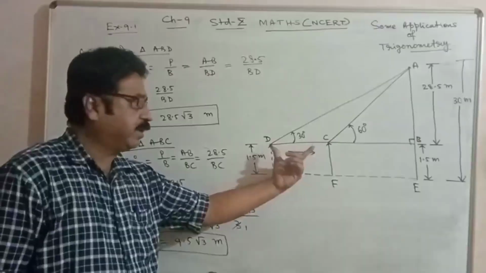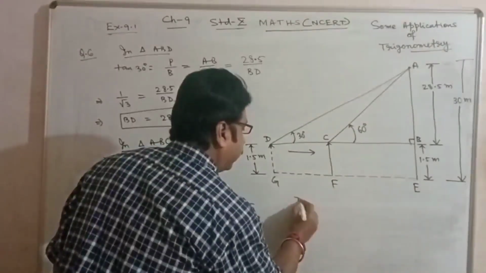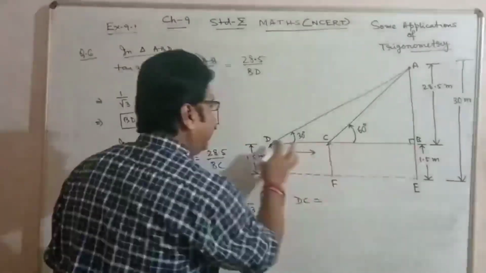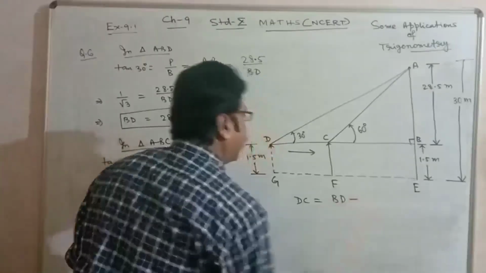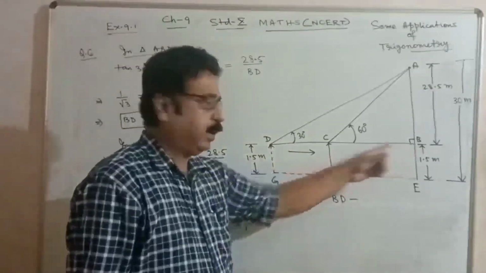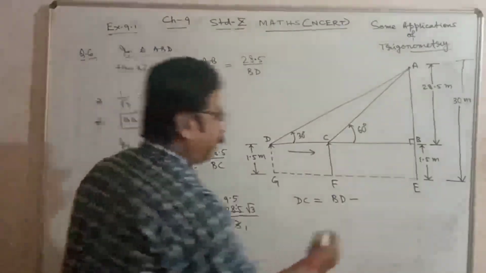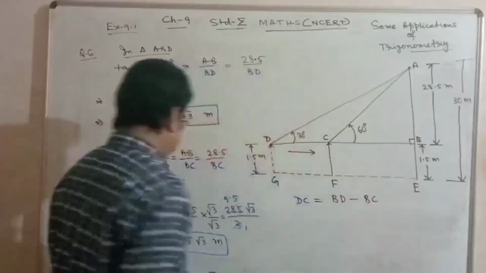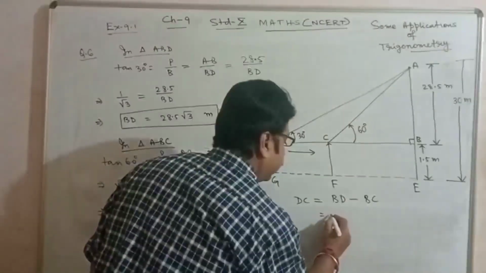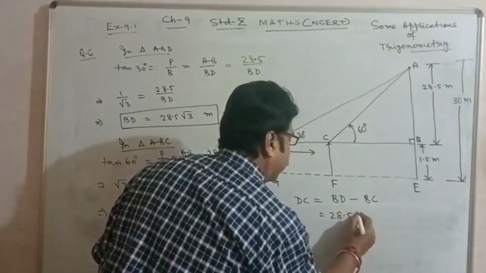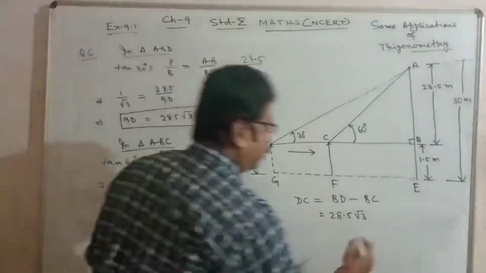DC means distance the boy traveled. So DC will be BD minus BC. BD is known, 28.5 root 3. BC is known, 9.5 root 3.